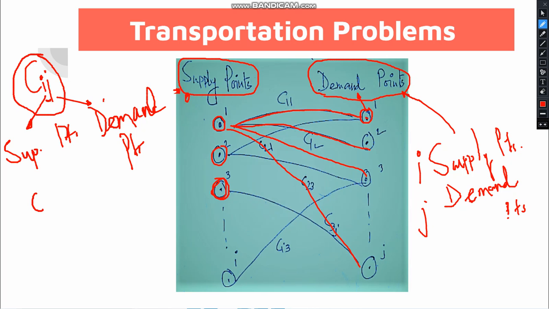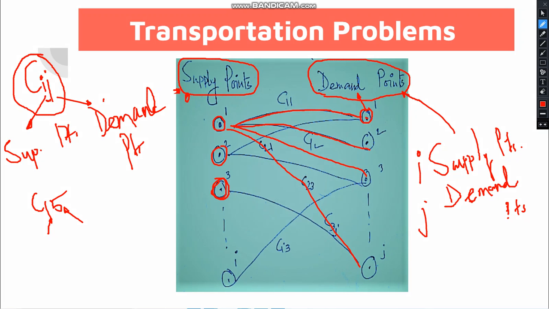So C15, what does it mean? From supply point 1 you are transporting the material to demand point 5. So C15 means the cost of transportation when you are transporting the material from supply point 1 to demand point 5.